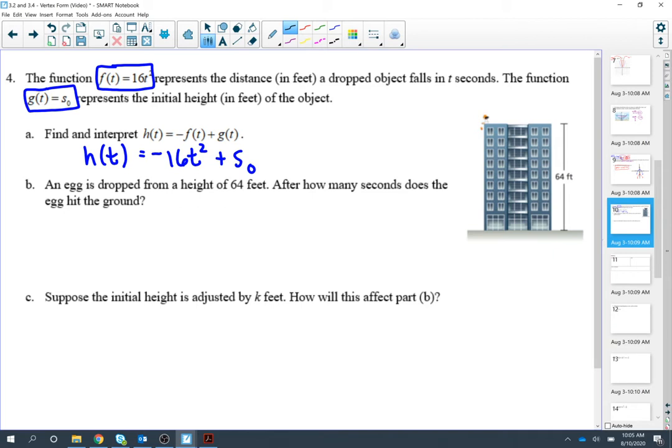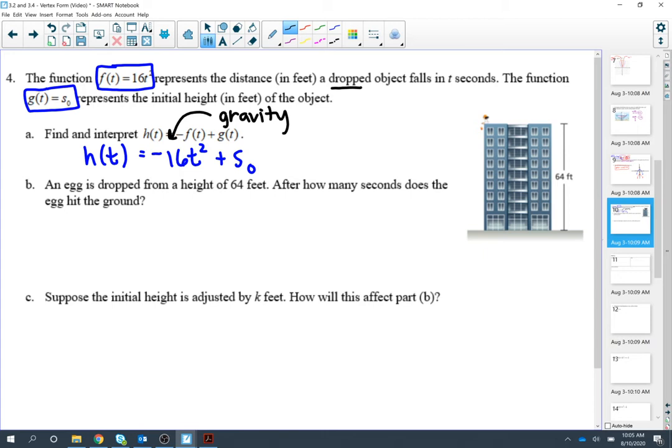In this case, we are just going to drop it, meaning we're not going to have initial velocity. But when you drop something, it's going to fall due to gravity. So when you're dealing with feet per second, the negative 16 is the effect of gravity. And the reason it's negative is because the gravity is going to pull it down to the earth.